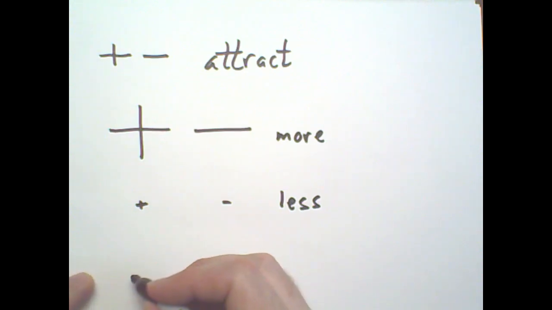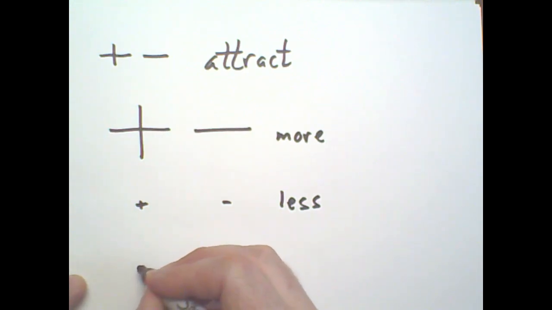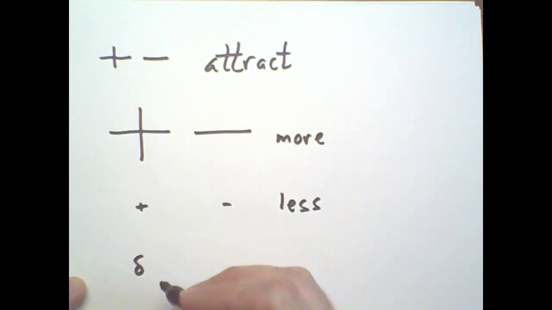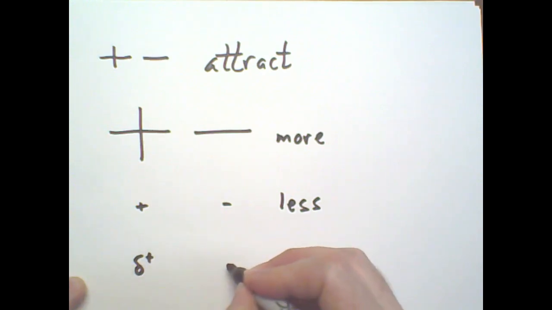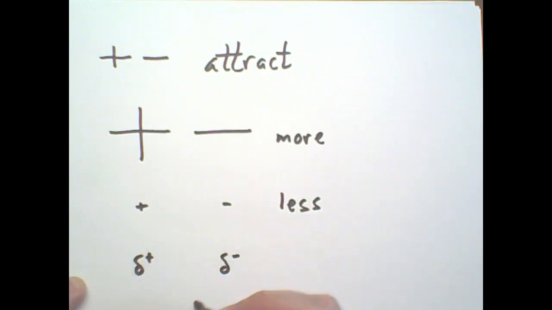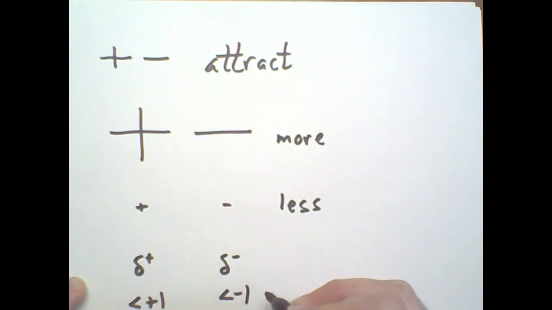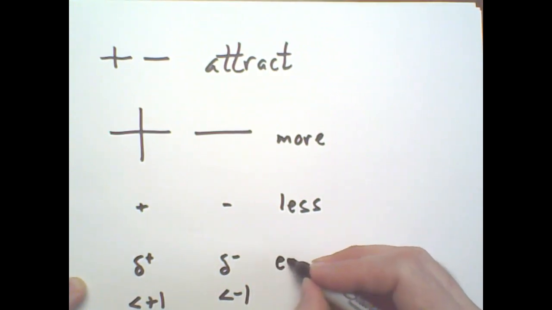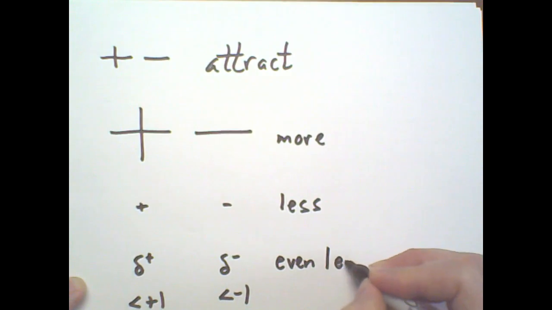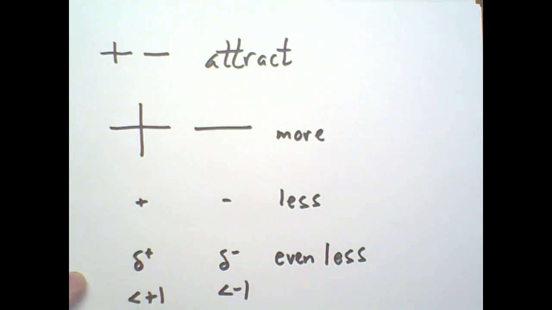And we're going to add partial opposite charges with this little symbol delta plus and delta minus. Now that's less than plus 1 and less than minus 1. These are partial charges. So they attract even less. Of course, like charges repel, but I'm not going to worry about those. Okay, so memorize this.